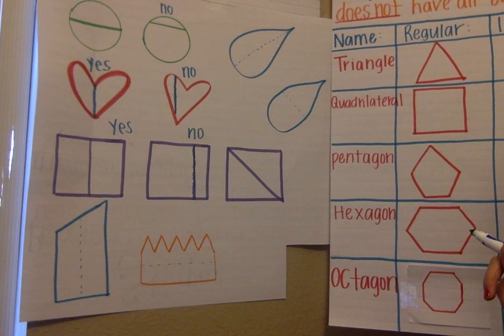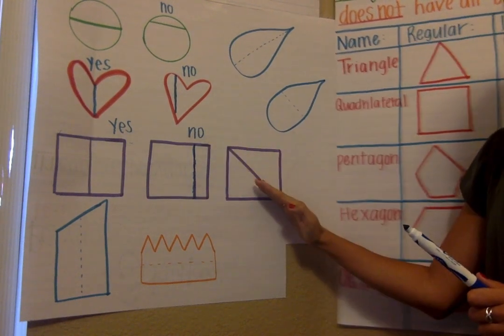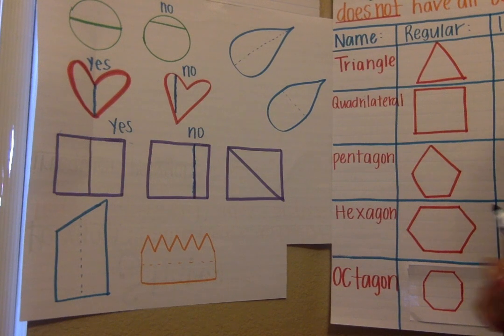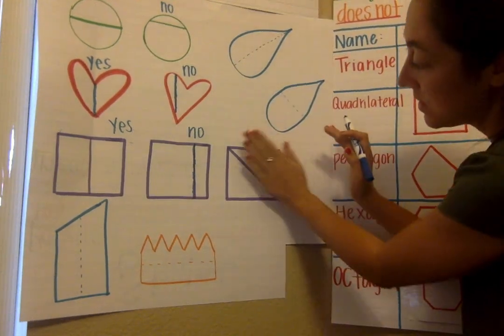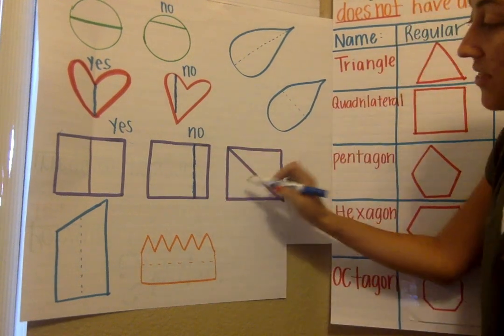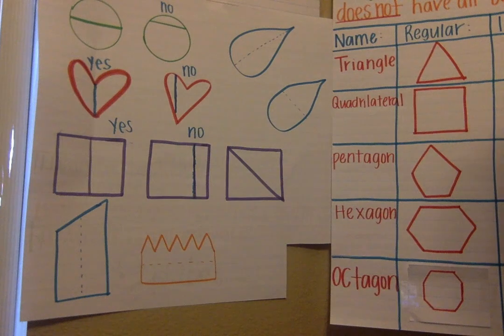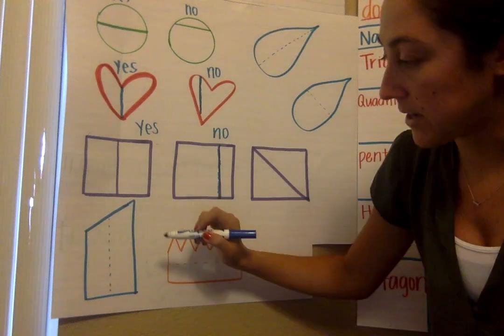Now on some shapes you might see it cut diagonally, which is what this one is doing. Well, when you do it diagonally, they're still going to work because when I fold this half over, this corner is going to touch here and they're going to be two equal halves of my paper still. Some other shapes that I have drawn is this one down here.